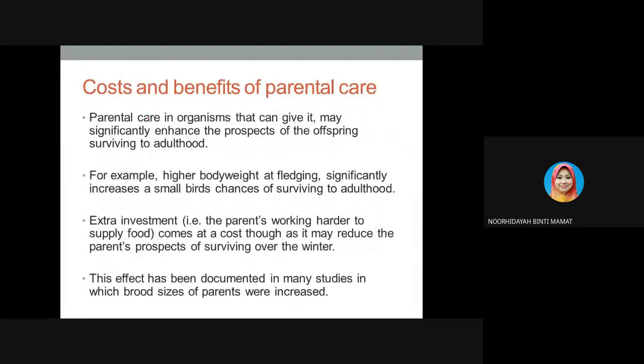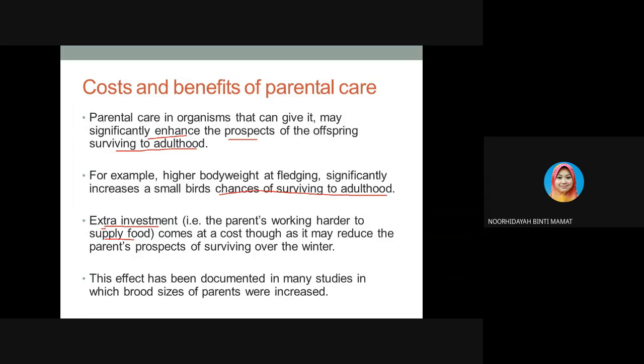And for organisms that can give parental care, it may significantly enhance the prospects of the offspring surviving to adulthood. For example, higher body weight at fledging significantly increases a small bird's chances of surviving to adulthood. So for the extra investment, for example, the parents working harder to supply food, we can call that an extra investment.